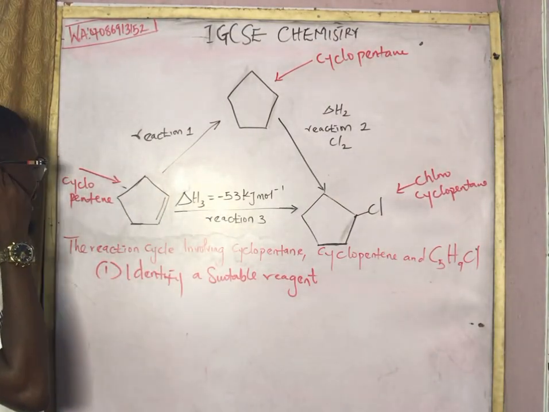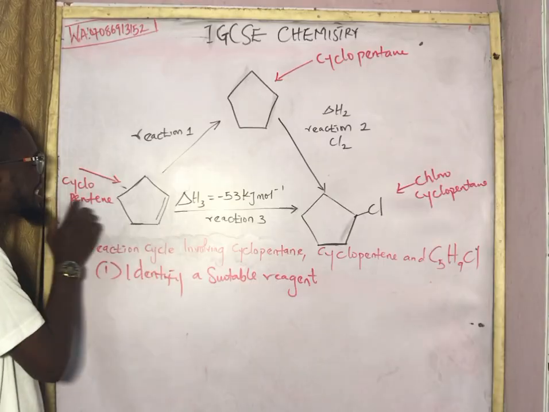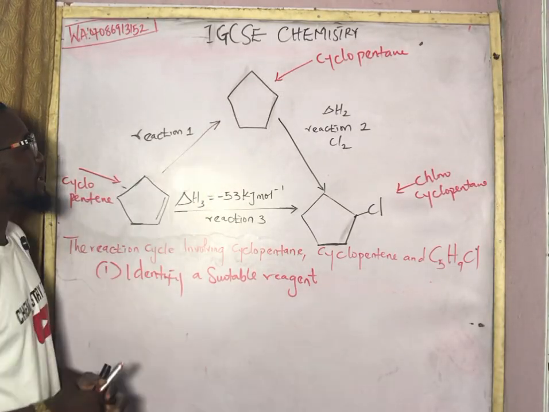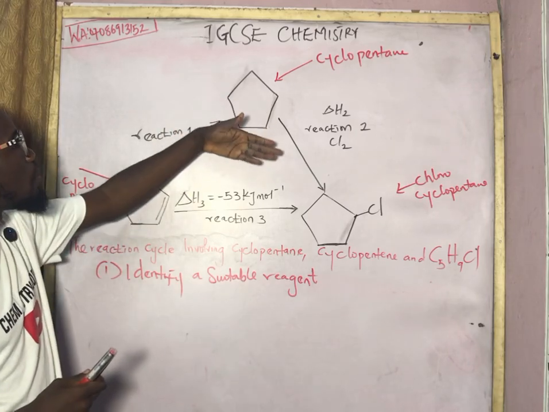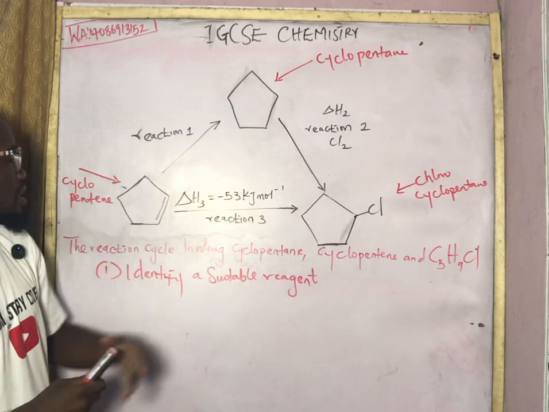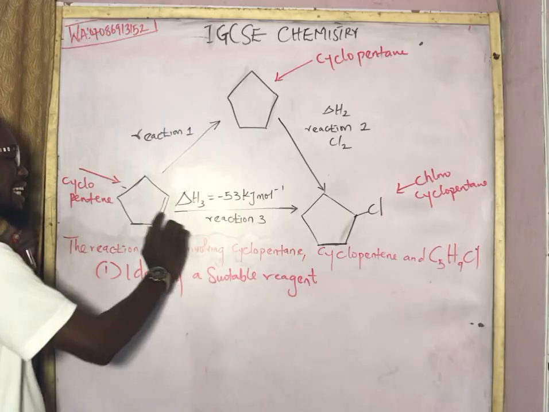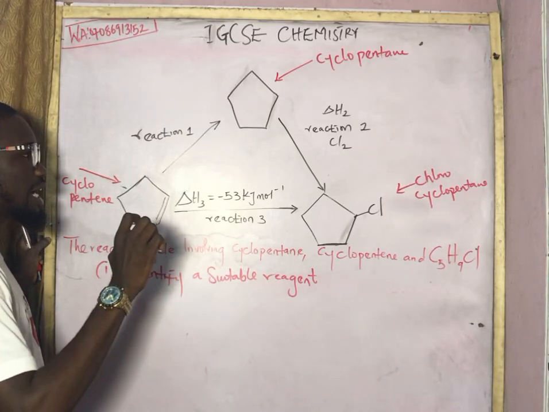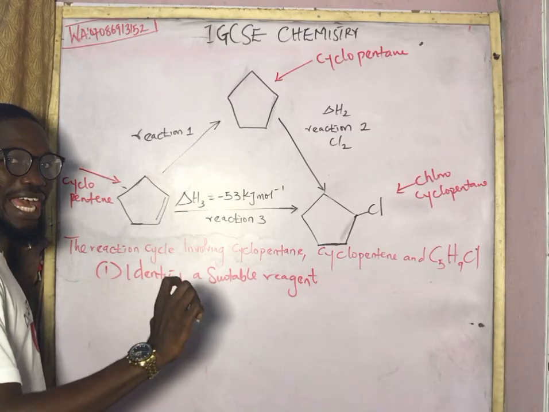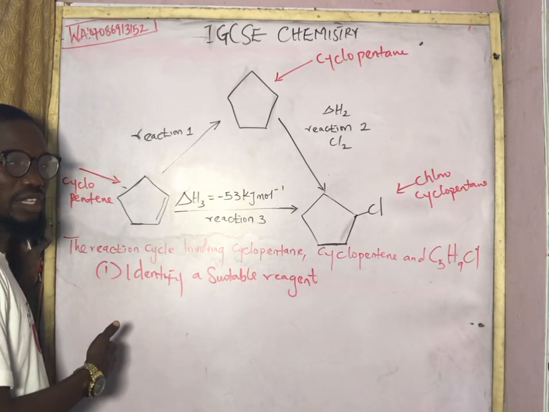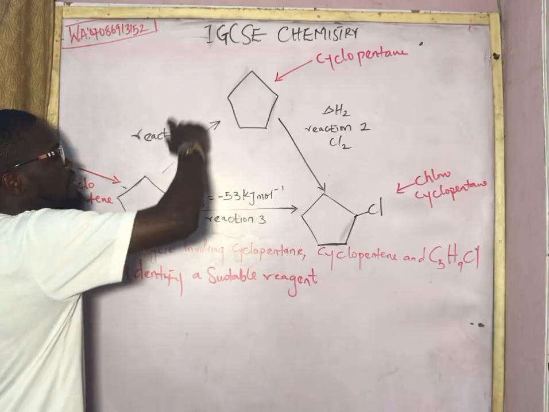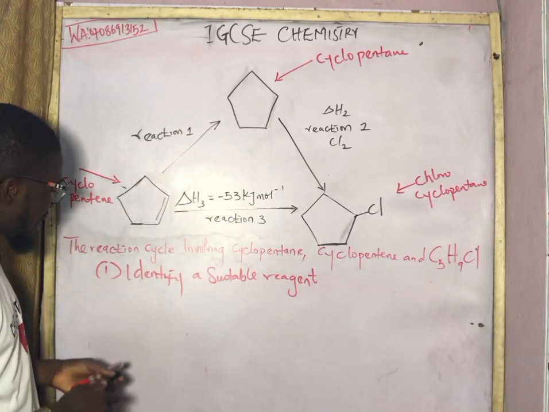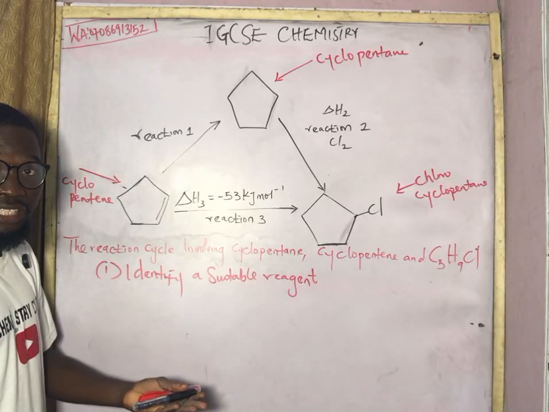So now, in that case, we go from cyclopentane to cyclopentene, then from cyclopentene to this. And if you observe vividly, there's an arrow for reaction 3. I'm going to show you how you can easily go about reaction 1, reaction 2, and back to reaction 3. The first thing you need to identify is the suitable reagent used.